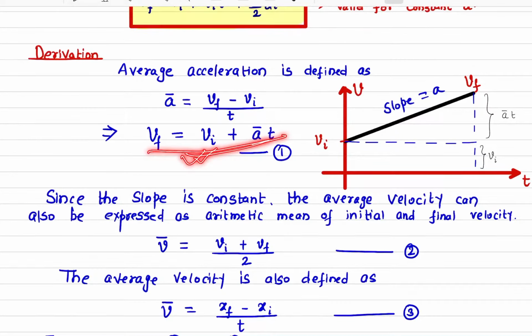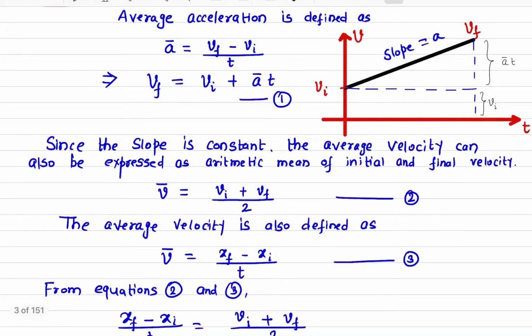That's what it tells you. This is the initial velocity and that's your final velocity. This length here gives you the initial velocity and this length here gives you the A bar t.